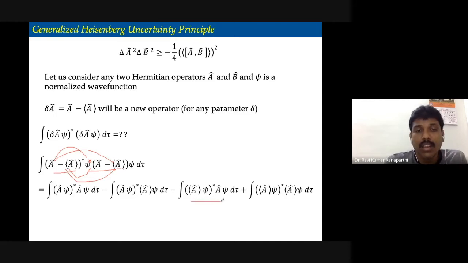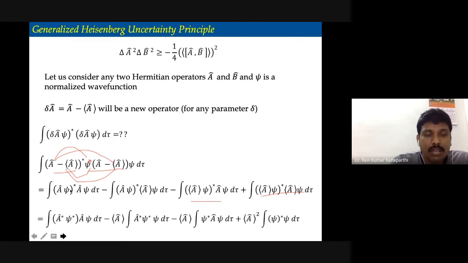And when you multiply the two terms, you get this. So there are 4 integrals that we get. The first term here you can take inside: A star psi star.